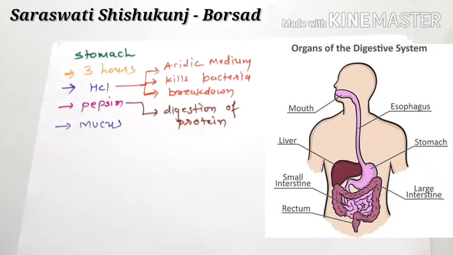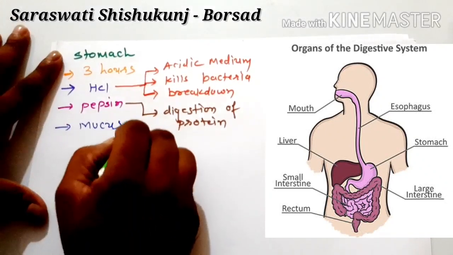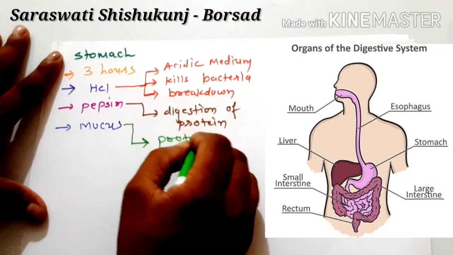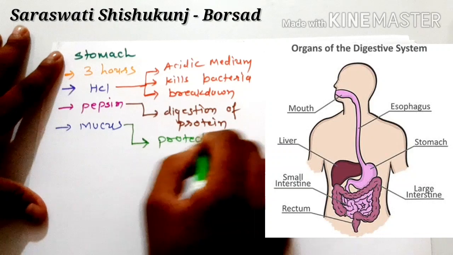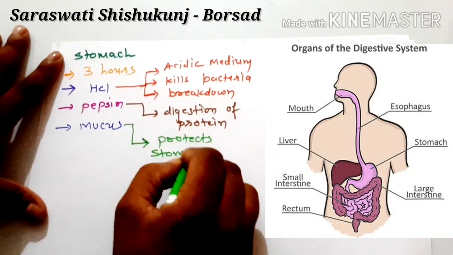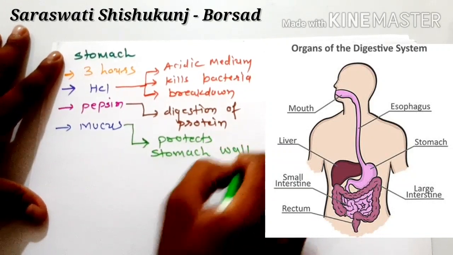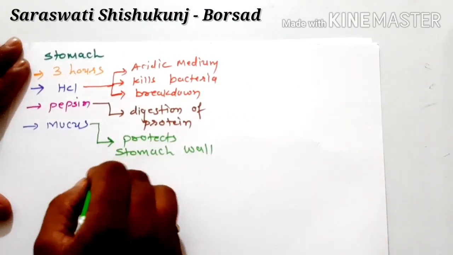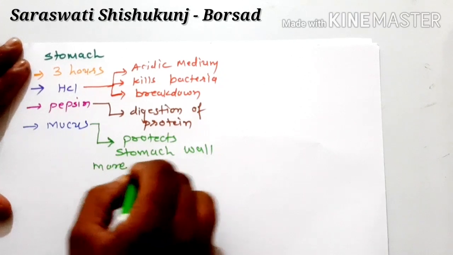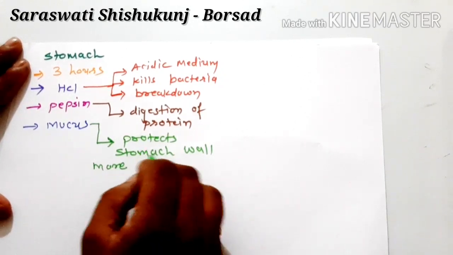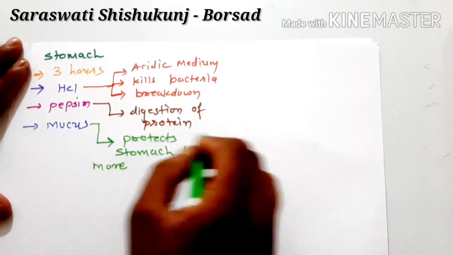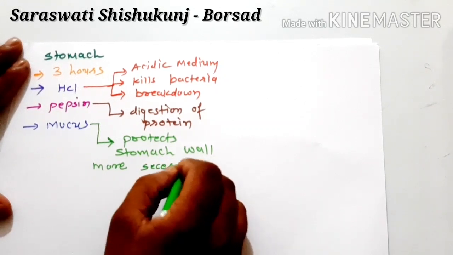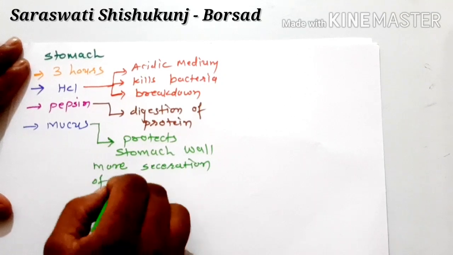Now, what is the function of mucus? Mucus protects the stomach wall. It protects our stomach wall from the excess secretion of HCl.